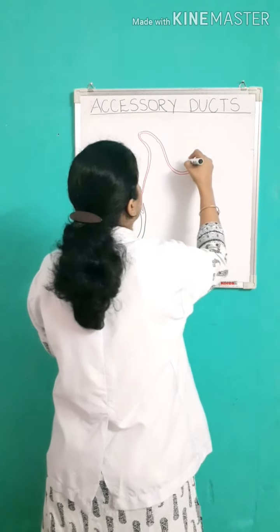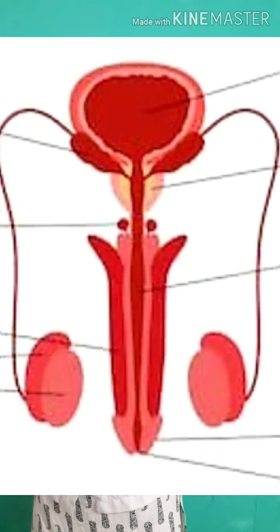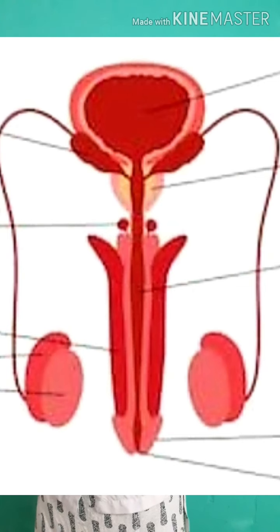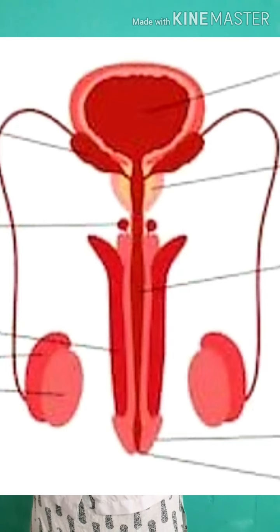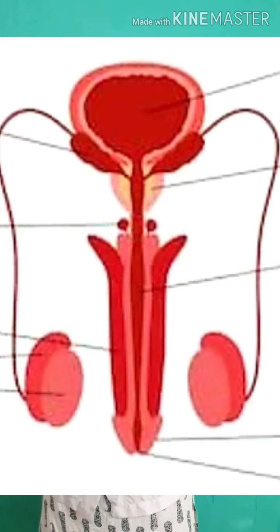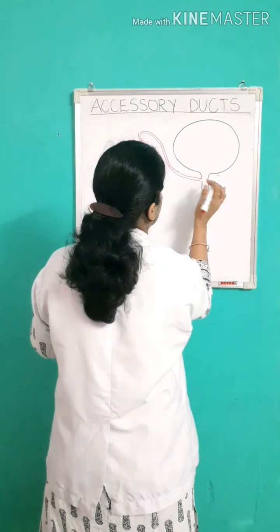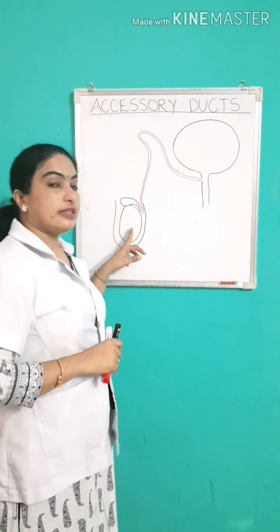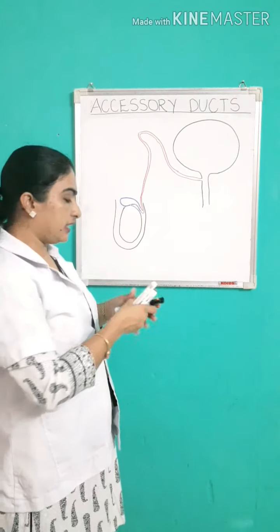Here we can draw the urinary bladder. Behind the testicle, or at the posterior part of the testicle, we can see the epididymis.